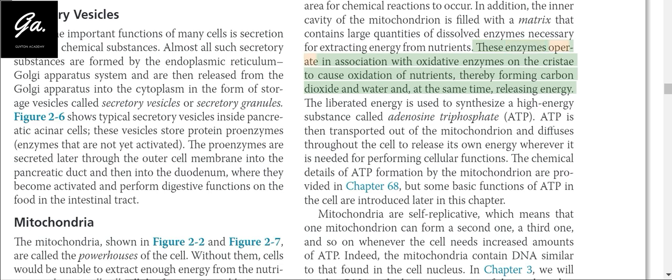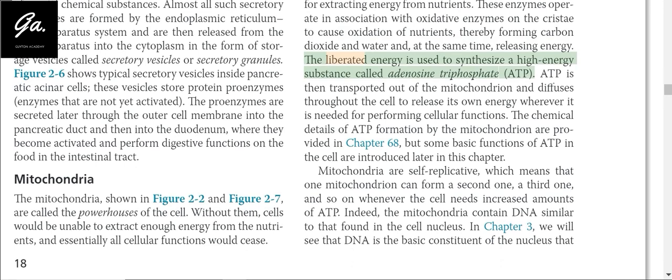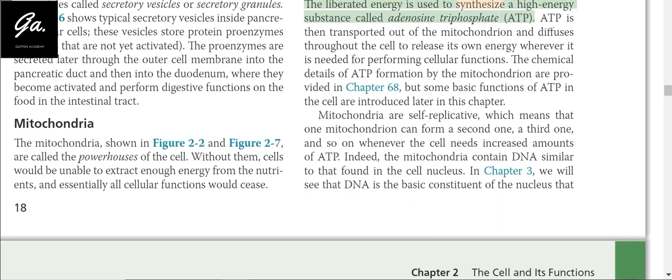These enzymes operate in association with oxidative enzymes on the cristae to cause oxidation of nutrients, thereby forming carbon dioxide and water and, at the same time, releasing energy. The liberated energy is used to synthesize a high-energy substance called adenosine triphosphate.